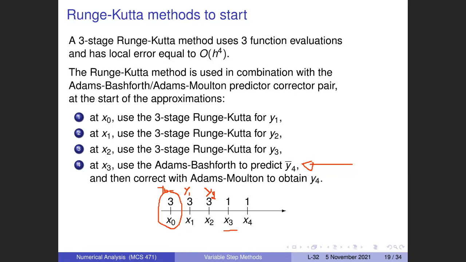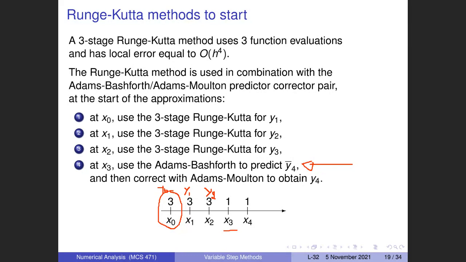Then we apply the corrector with 1 extra function evaluation to obtain y4. Going to the next step, the amount of work, evaluating the right-hand side could be a very complicated program, and that determines the cost.